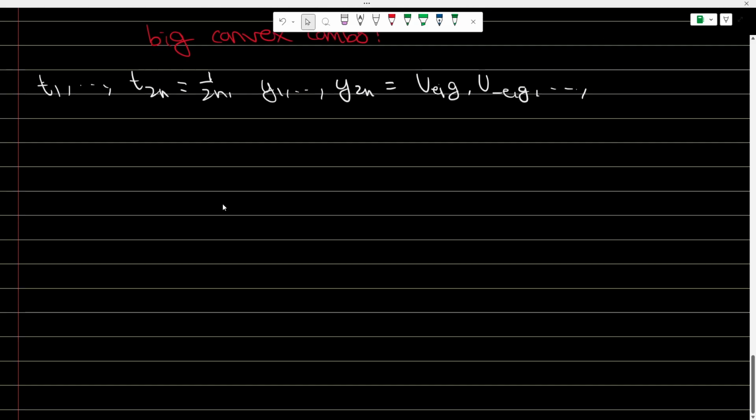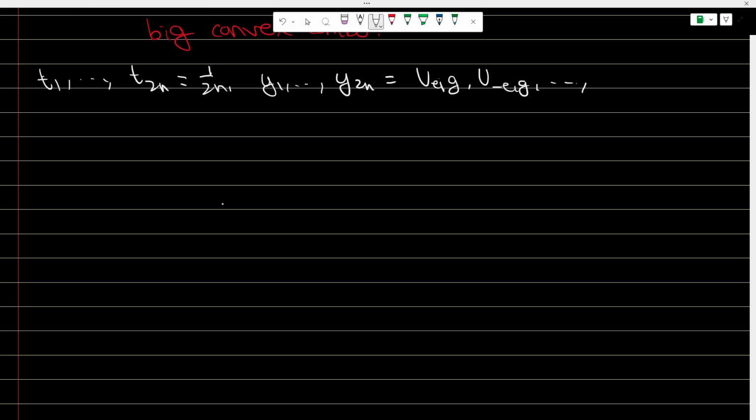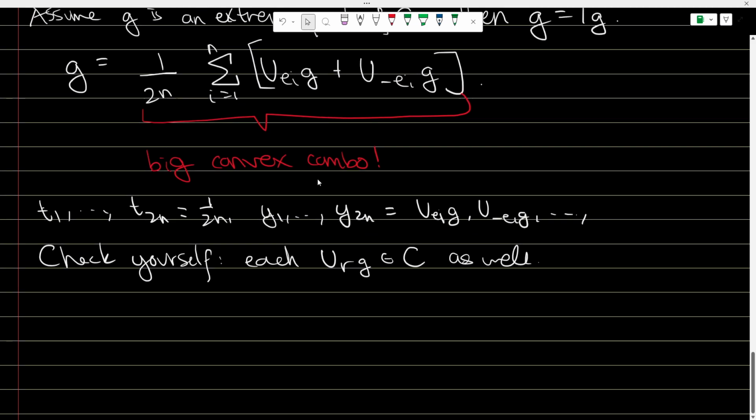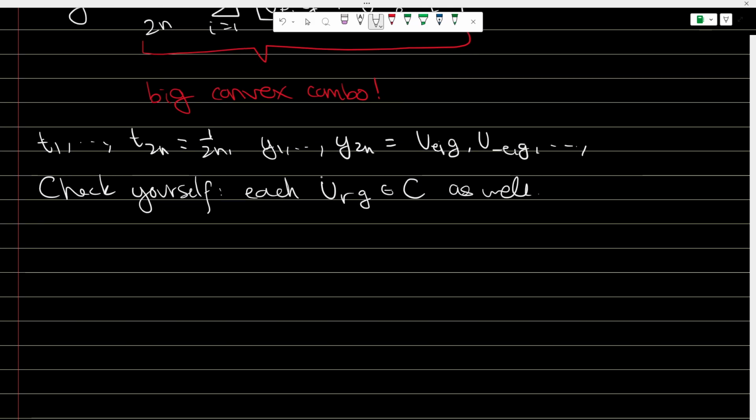It's a pretty straightforward exercise. You can check this yourself. A word here meaning I don't want to do it. Each U_{e_i}G is in C as well. So what I've done is say that G is a convex combination of each U_{e_i}G.